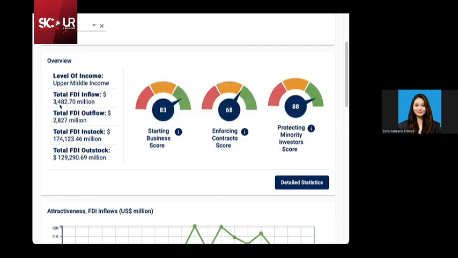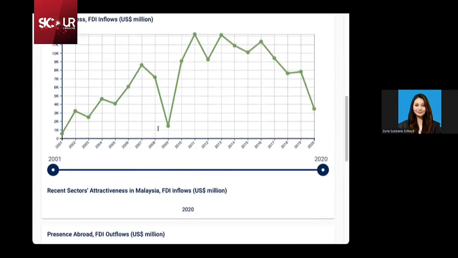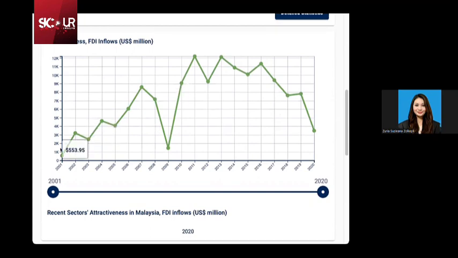Total FDI inflow is 3,492 million, about 2,000 million here. So you can see the inflows. In 2009 it went down for a while, and then it has been increasing, and slowly nowadays it has been going down.